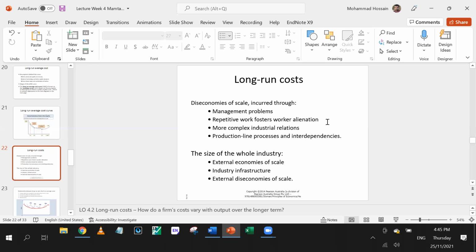Always remember that diseconomies of scale come from within the business, meaning internal problems. Economies of scale come from internal and external sources. External means outside of the organization; internal means inside the organization.